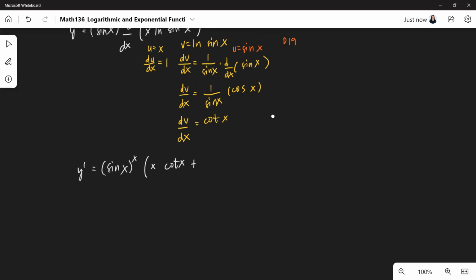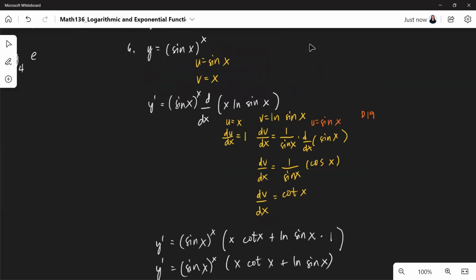And then plus, copy the second function and multiply it with the derivative of the first function, meaning multiply it by 1. So sine of x, quantity raised to the power of x, times x cotangent x plus ln of sine of x. So this is the final answer.